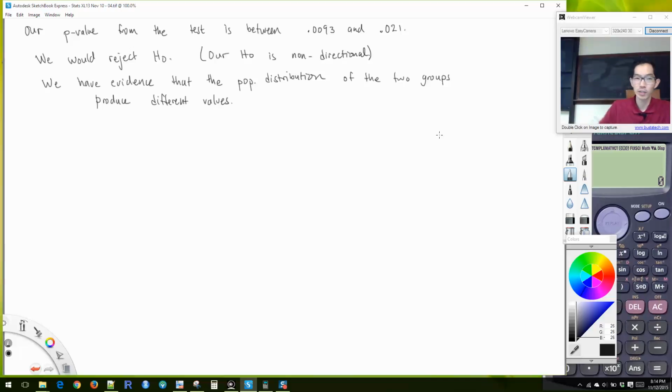The null always has an equal sign, so the alternative is only the alternative. So our alternative is non-directional, but what does our data seem to indicate?